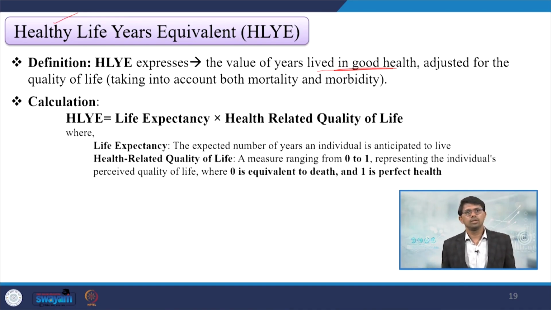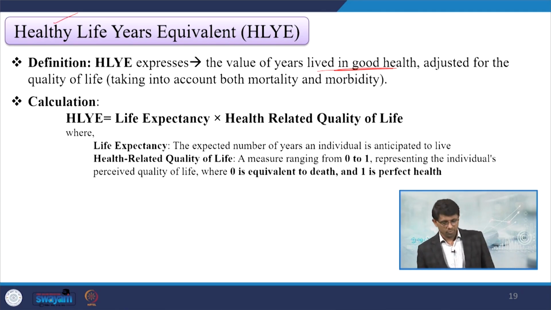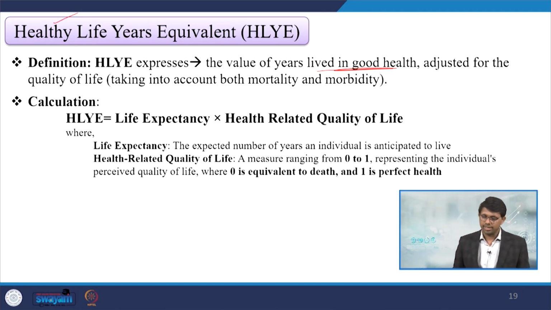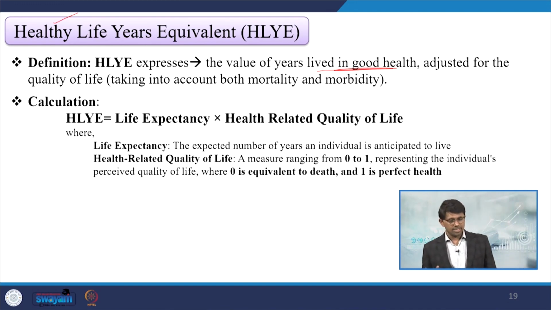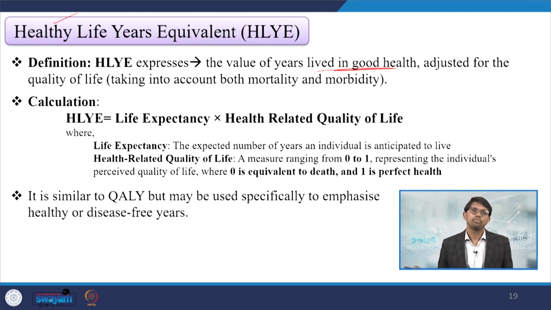So HLYE is calculated as life expectancy times its health related quality of life. Health related quality of life in this case ranges from 0 to 1, representing an individual's perceived quality of life, where 0 is equivalent to death and 1 is perfect health. And life expectancy is basically the number of years an individual is anticipated to live.